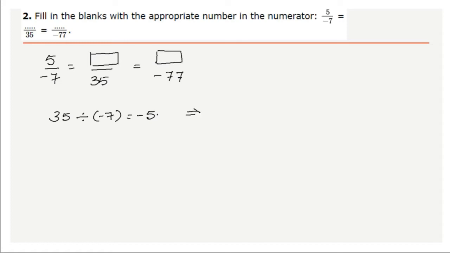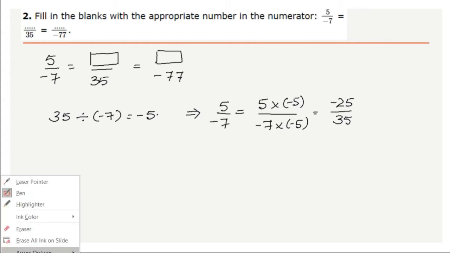This implies that whenever 5 by minus 7 is there, when we multiply 5 with negative 5 and negative 7 with negative 5, we get the denominator as positive 35 and the numerator will become negative 25. Therefore, the first blank has to be filled with negative 25.